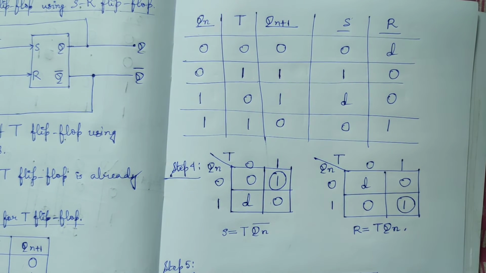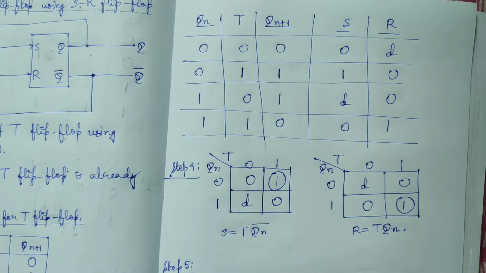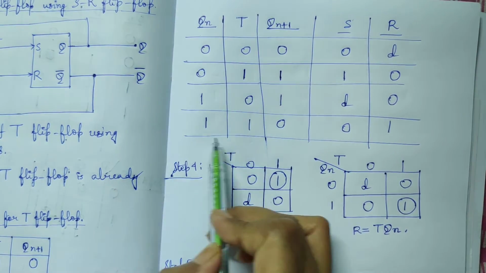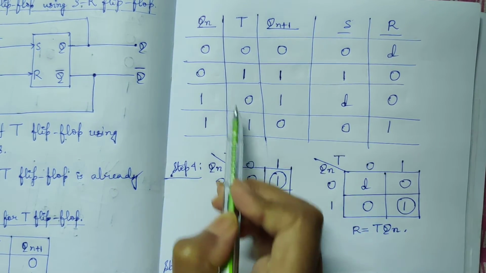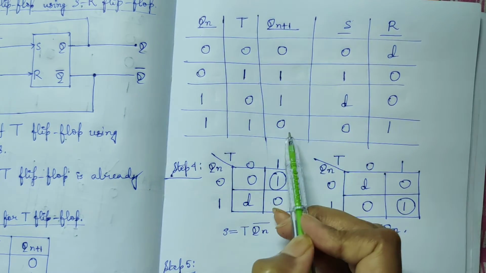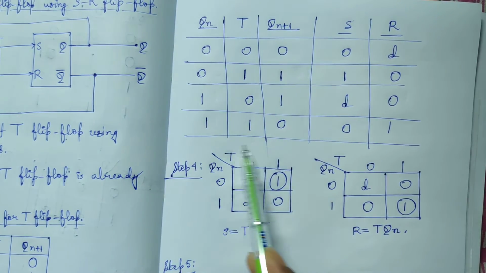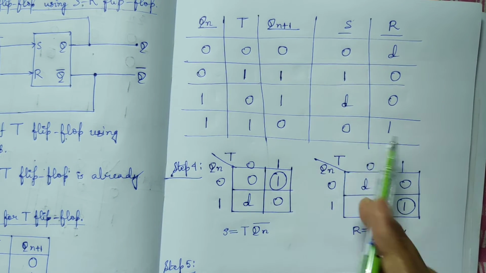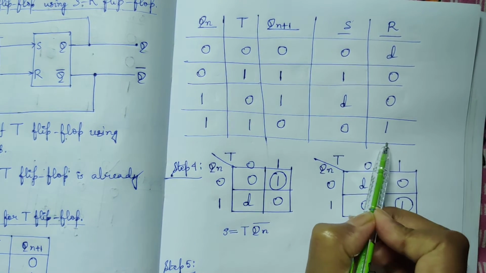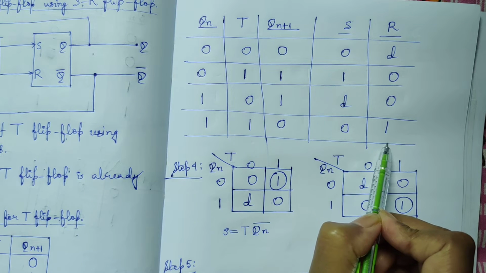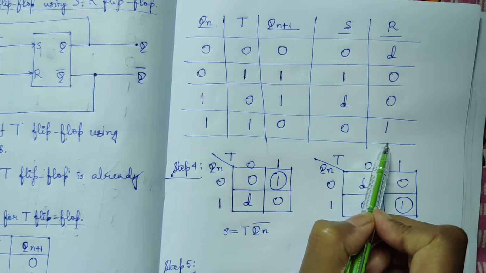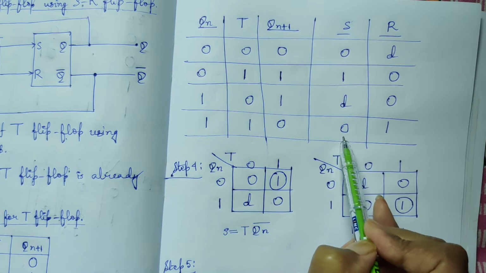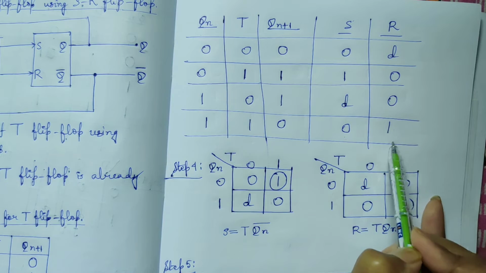By appending them, we get this table, where the first 3 columns constitute the PSNS table of T flip-flop, and the fourth and fifth columns are the input values. The fourth column is the S input, and the fifth column is the R input.